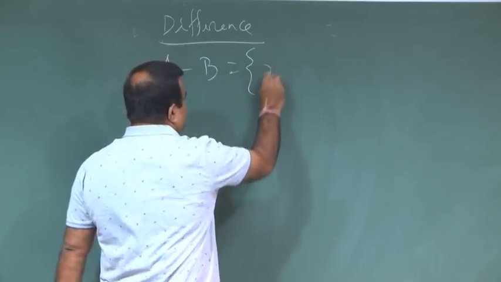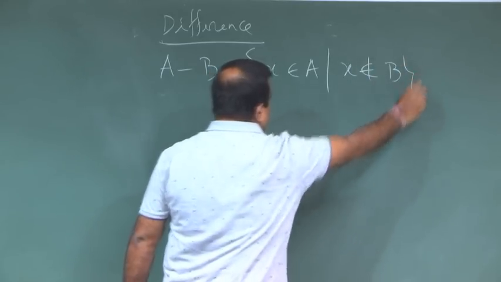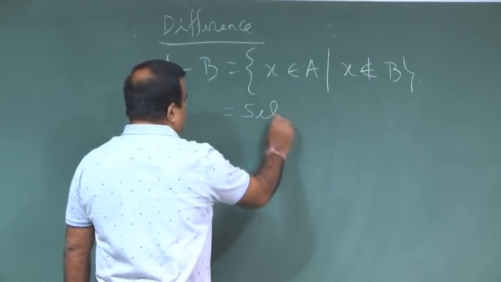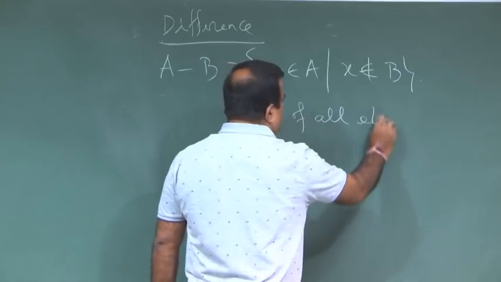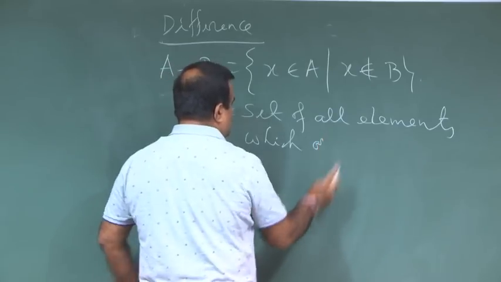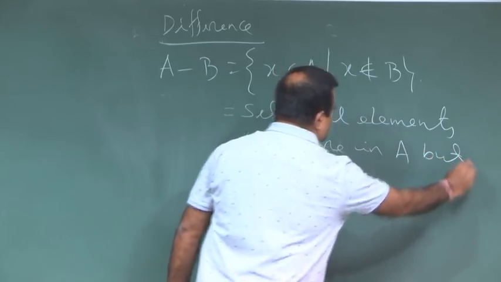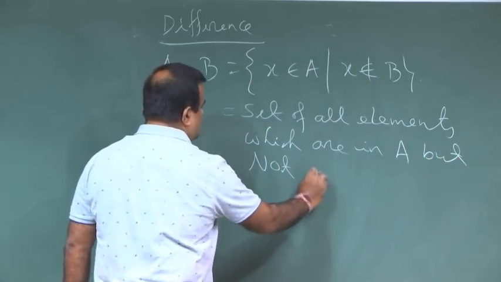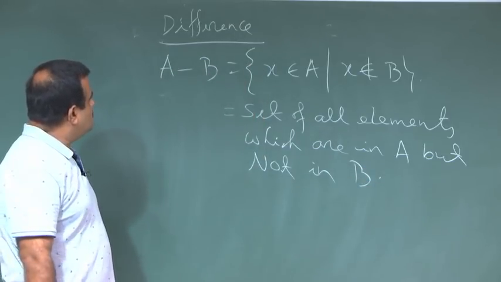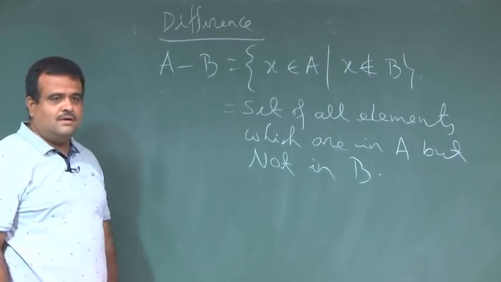So, this is the element in A, but it must not be in B. So, this is the set of all elements which are in A but not in B. So, this is called A difference B. Okay.